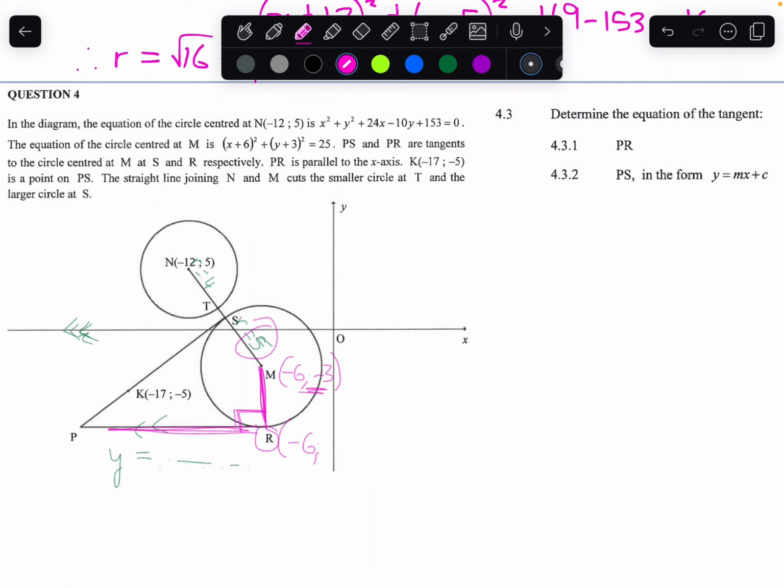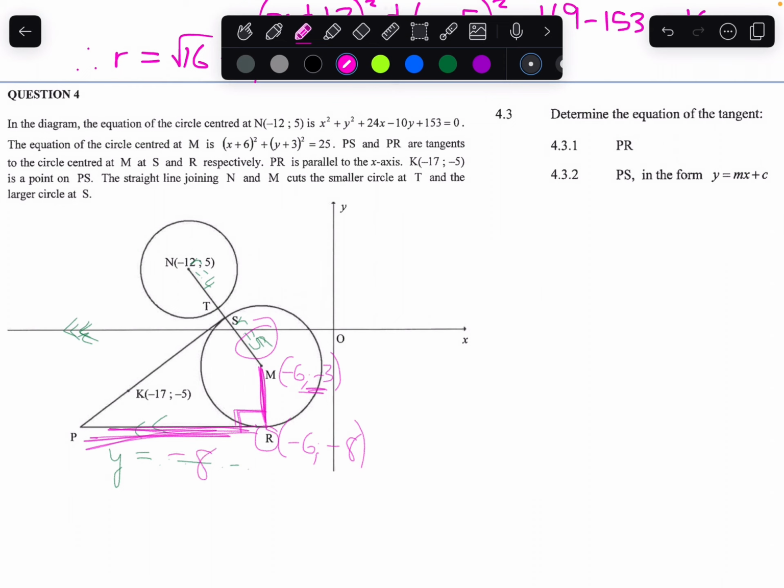Because we're going in a perfect vertical line down from M to R. So we can just then subtract 5 from -3. We're going lower, so we're going to subtract. So the coordinates of R would be -6 and -8. And so the equation of PR would be y is equal to -8.